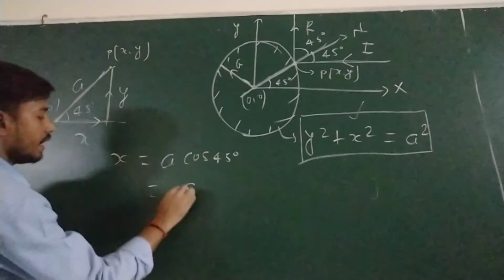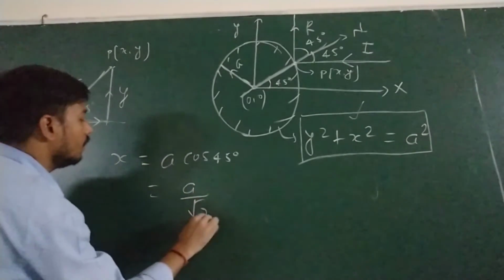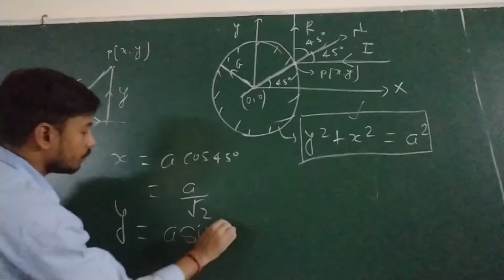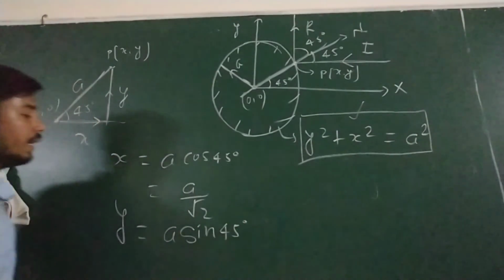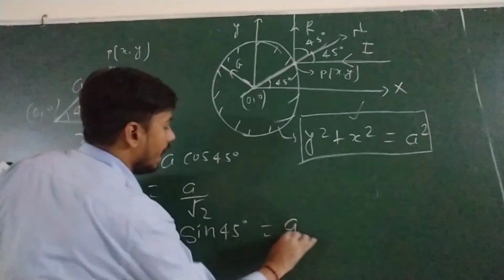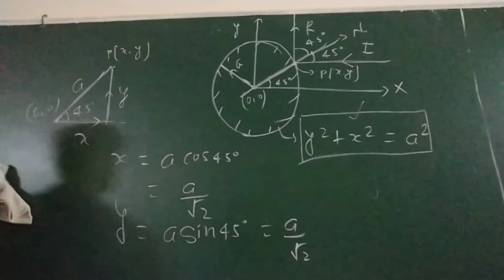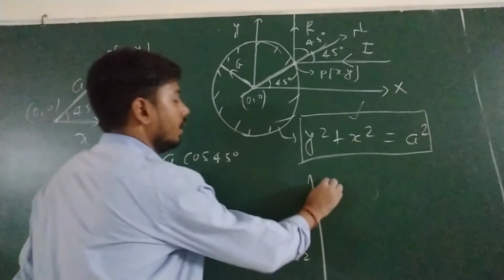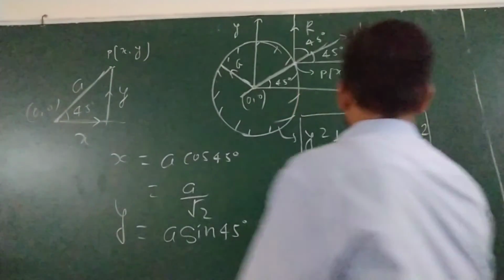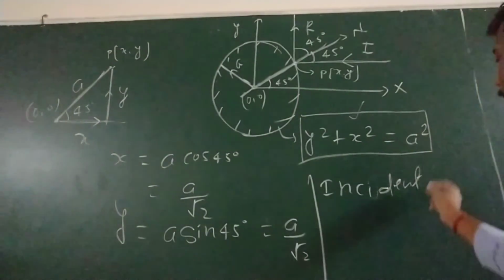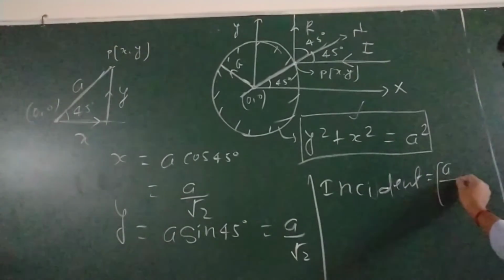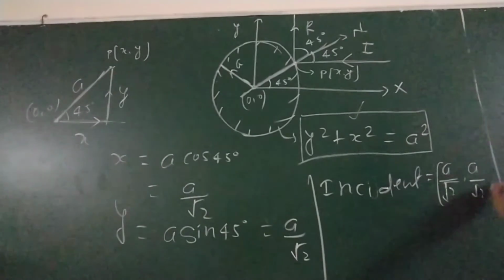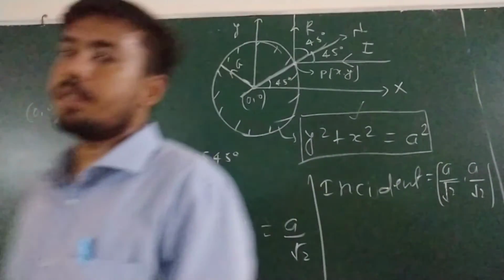It means a by root 2. Similarly y becomes a sin 45 degree, which is a by root 2. So the coordinate of the incident point will be a by root 2 comma a by root 2. So this is our answer.